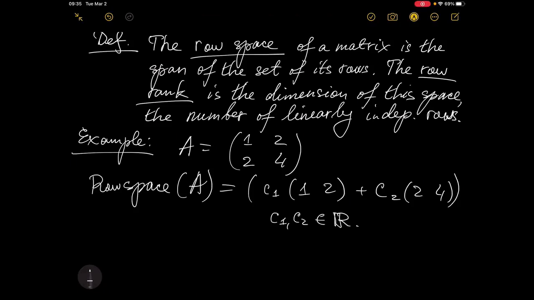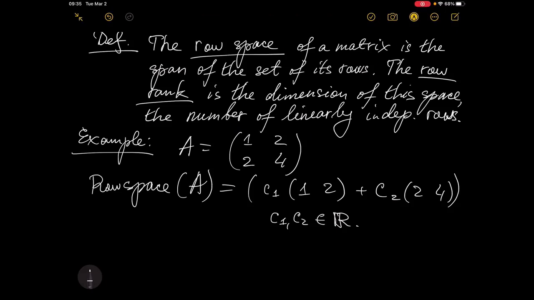Just some real numbers. Okay, could you tell me, so what is the dimension of the row space, or what is the row rank of a matrix? Is it 2?